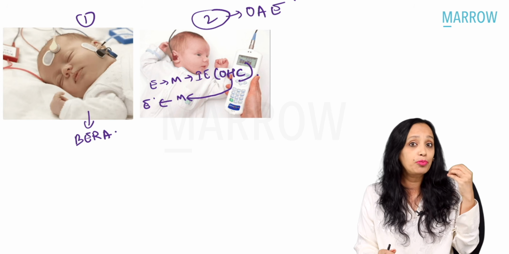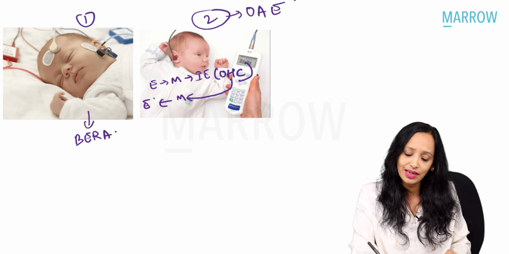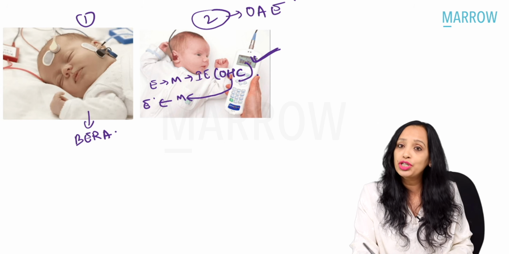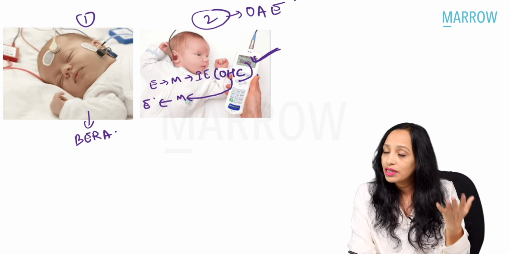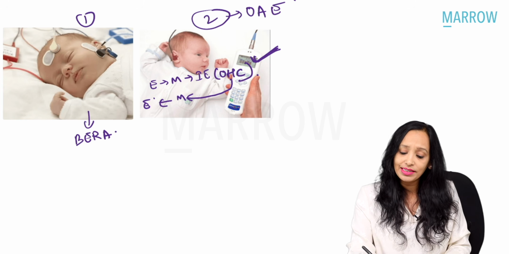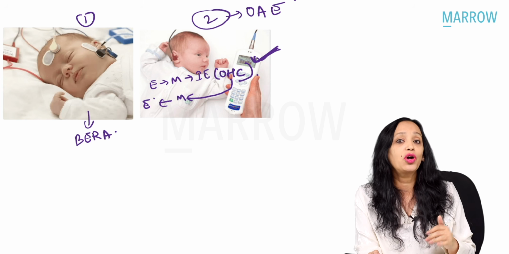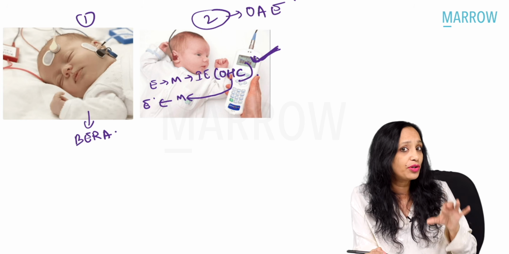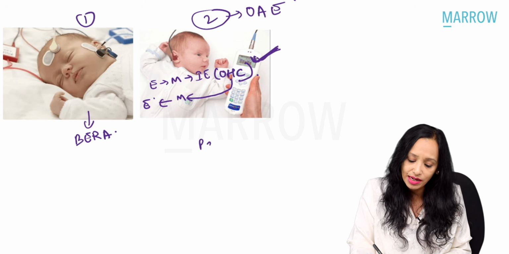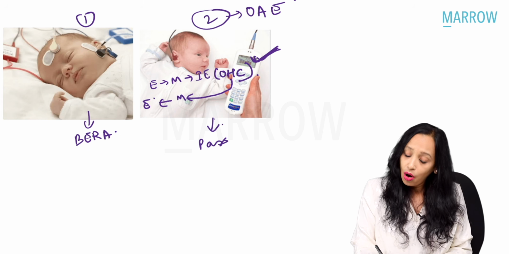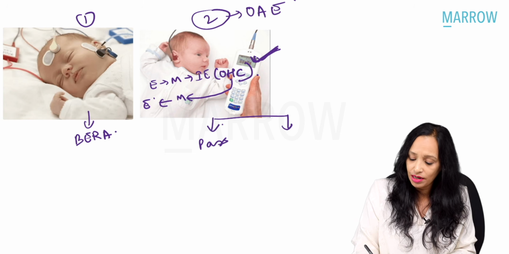When the probe picks up the sound, it immediately gives the waves which you see on the device, or it can come as a tick sign, and this response we call a pass response. So the report that you get is a pass response, or if it is absent, the report is refer.